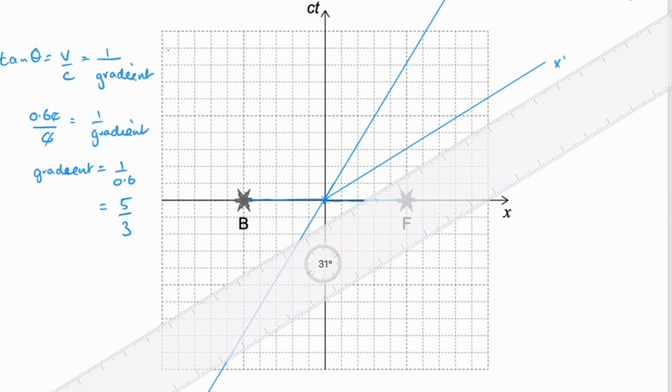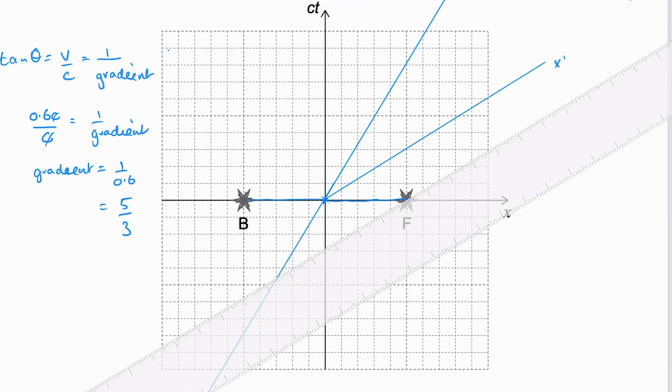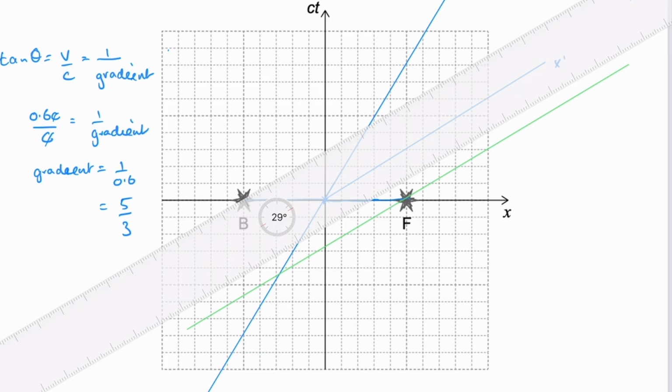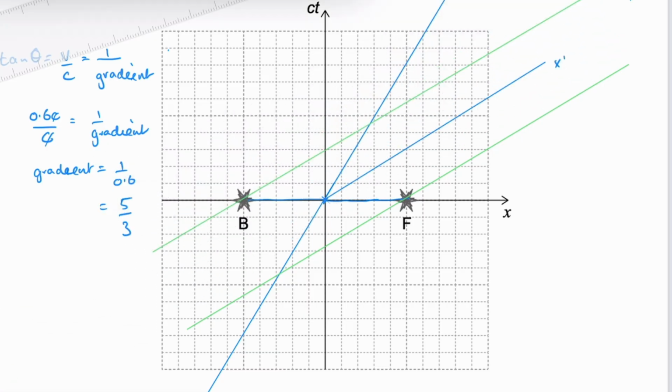So we're looking to stay parallel, and we'll go to B and we'll stay at the same angle and we'll draw it through the CT dash axis like this. Then we'll follow a positive trajectory up the CT dash axis. We'll see that F happens here all the way up, and then we see that B happens there.